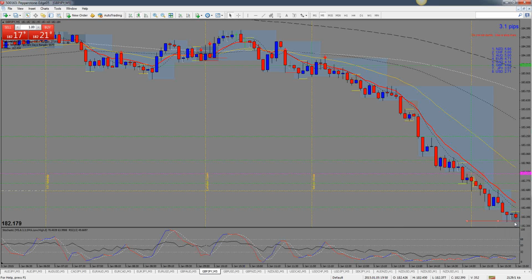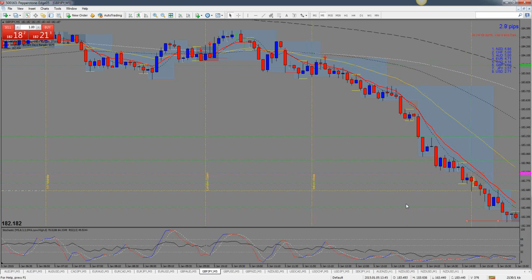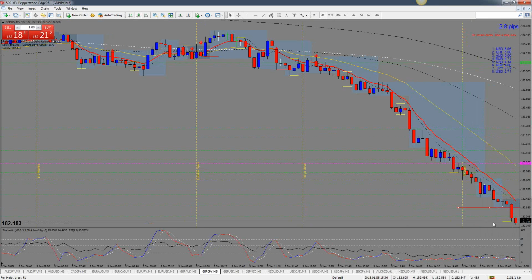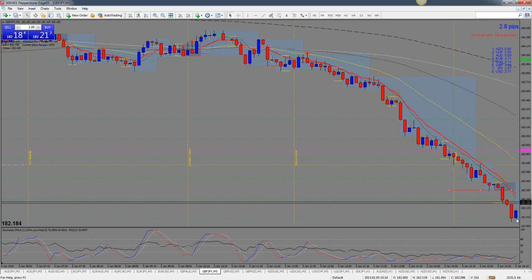We don't have a break of it yet. We have a break, and I could just tell based on that break alone that it was a successful trade. Yeah, that's just a good example of that inside bar trade. It just went over and over and over.